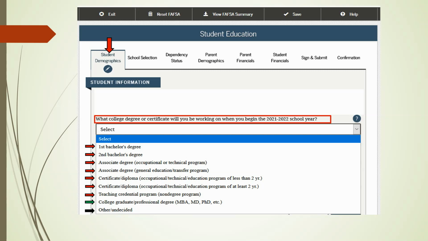And then the last one is other undecided. I don't suggest selecting this option even if you're not sure what you want to study, only because financial aid requires that you be enrolled in a degree or certificate program. So even if you're not sure, you should answer one of the selections above, either first bachelor's, associate's, or certificate degree.